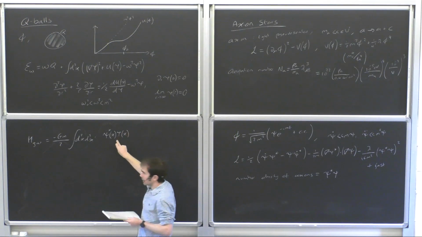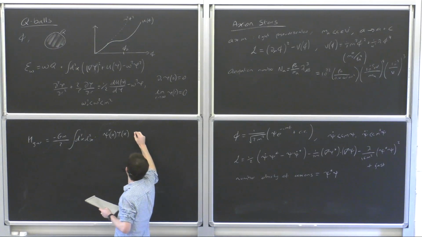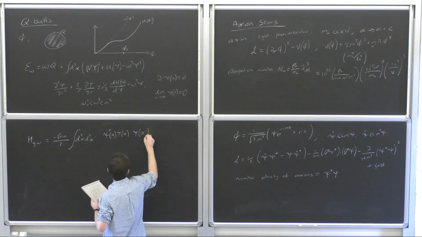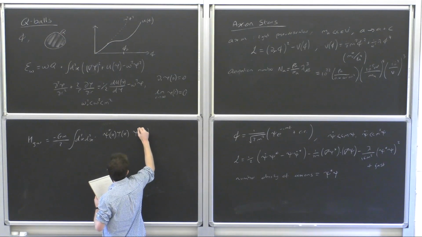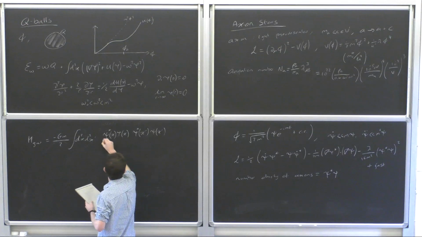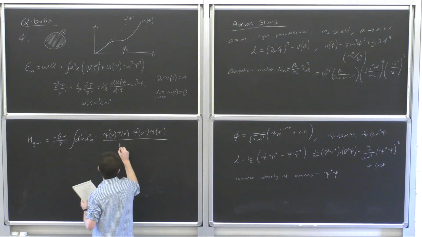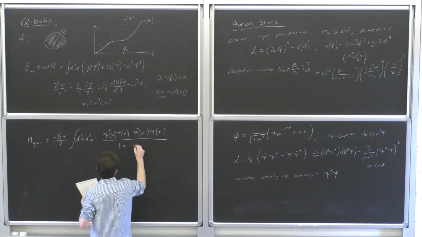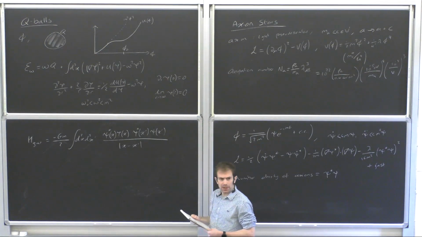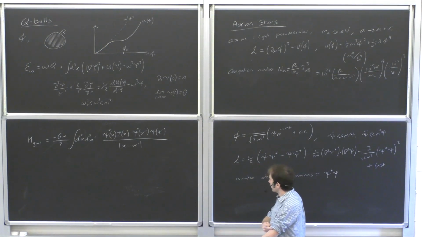So this is effectively the axion number density at one point, then coupled to the axion number density at the point x prime, with the denominator that you'd expect for the gravitational interaction.